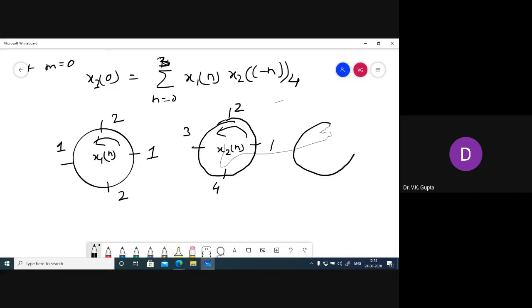The circular reversal of x2(n) is x2 of minus n modulo 4.